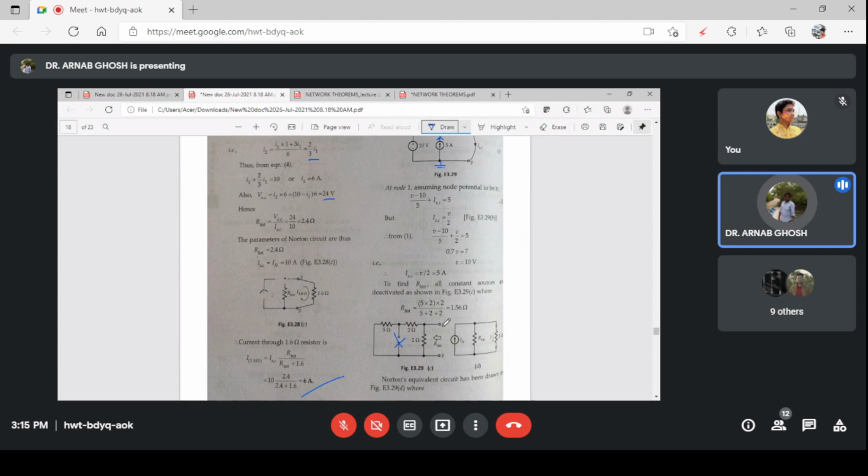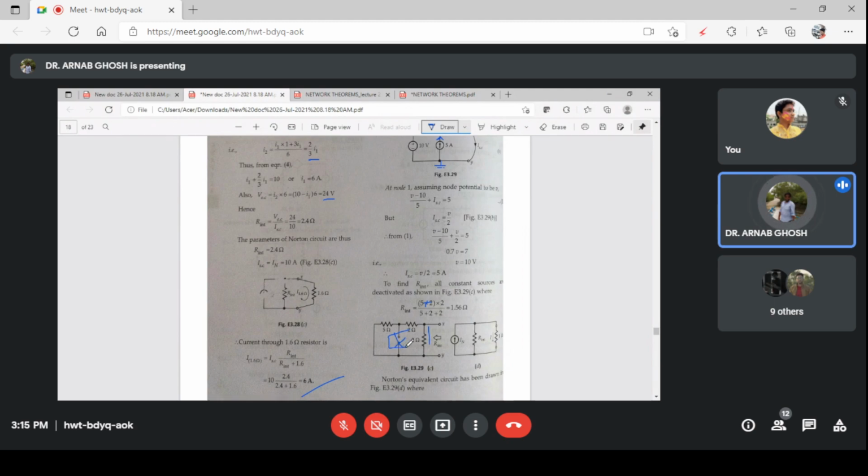So if I look from x and y, a mistake is given here, I will tell you, this will be 5 into 2 over 5 plus 2 into 2. With respect to xy, one is this branch, another is this branch.